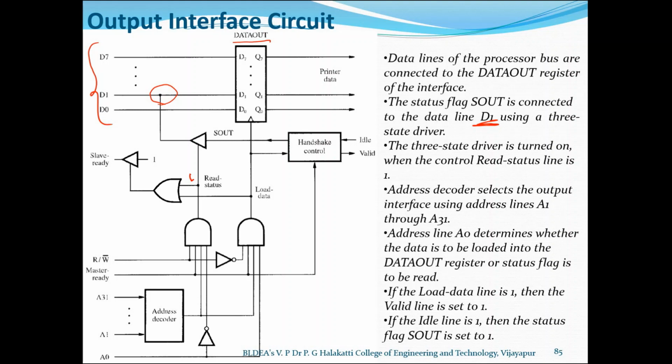The address decoder selects the output interface using address lines A1 through A31. Address line A0 determines whether the data is to be loaded into the data out register or the status flag is to be read.